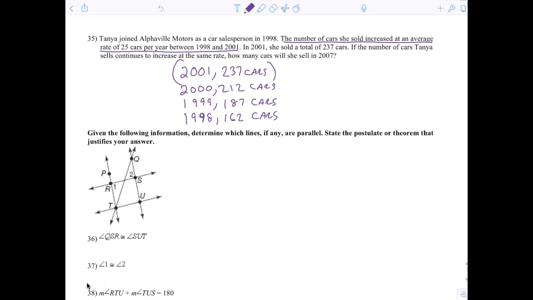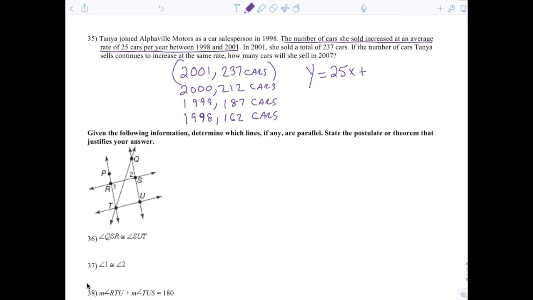Everybody okay with that? Now, what we want is to write the equation of a line, right? So y is equal to 25x plus what?